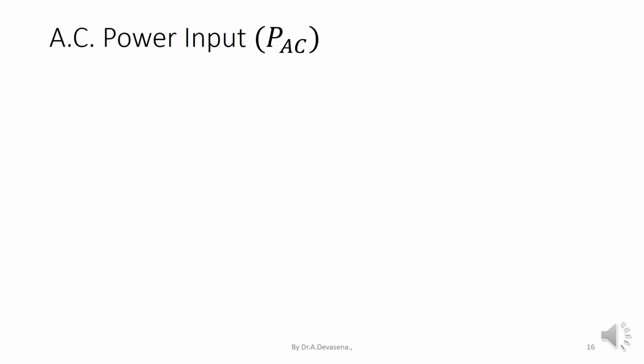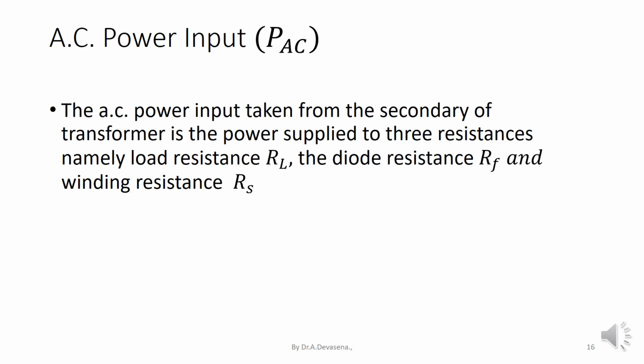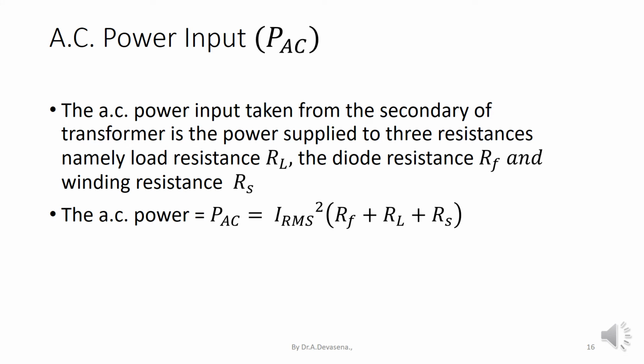Now we are going to obtain AC power input, capital P suffix AC. The AC power input taken from the secondary of the transformer is the power supplied to three resistances, namely load resistance RL, the diode resistance RF and winding resistance RS. The AC power input is equal to PAC.